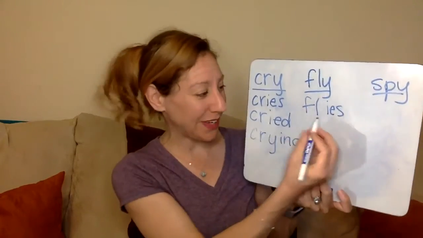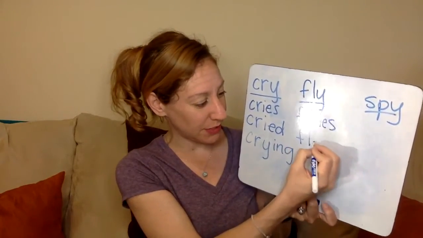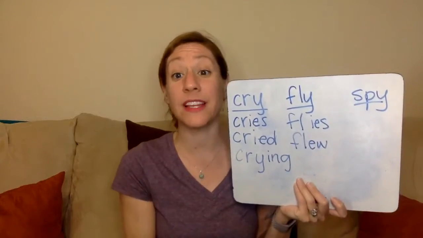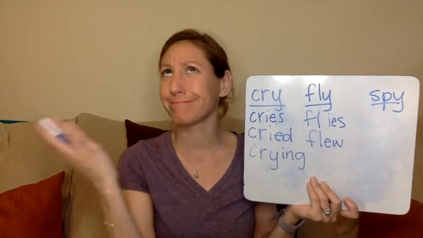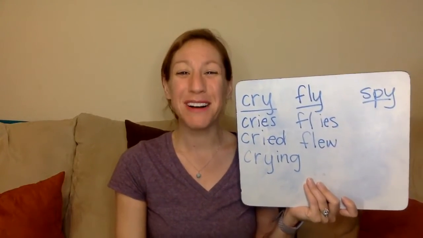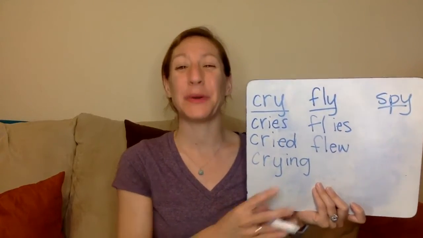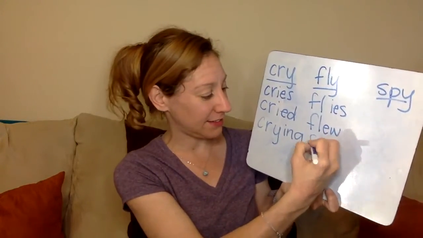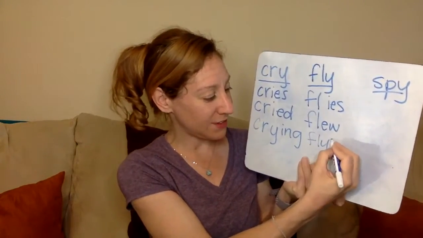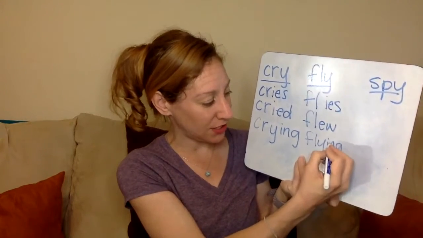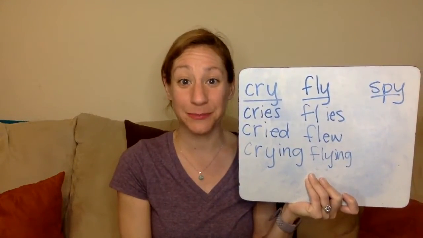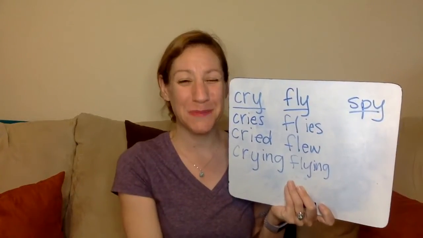No. We say flew, one of our sight words. So here's one that's totally different. But when we do flying, we keep that Y in there. So fly, then just add ing. Flying.